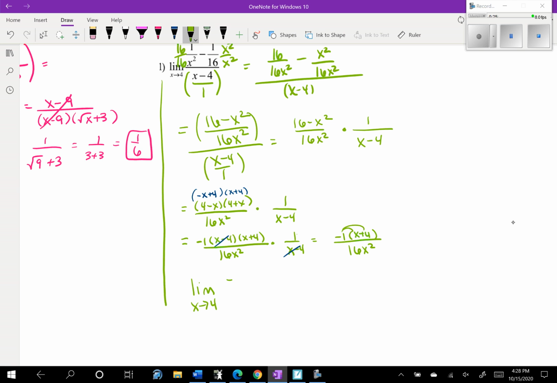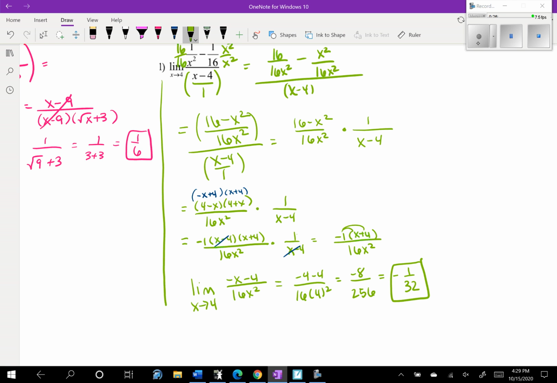So negative x minus 4 over 16x squared. And when I plug 4 in, it no longer makes my denominator 0. So in this case, we get negative 4 minus 4 over 16 times 4 squared, which gives us negative 8 over 256, which, when we reduce, is negative 1 over 32. So this would be the limit.